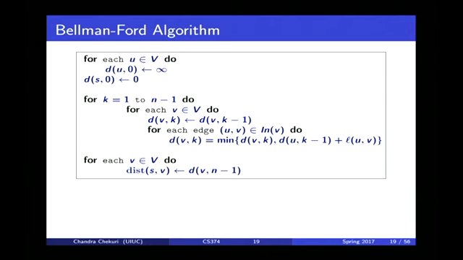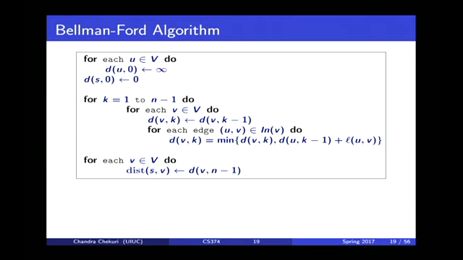You start out with dvk minus 1 and see if you can improve. For each edge that comes into that vertex, dvk is the min of the existing value of dvk and duk minus 1 plus the length of the edge. That's what we did.